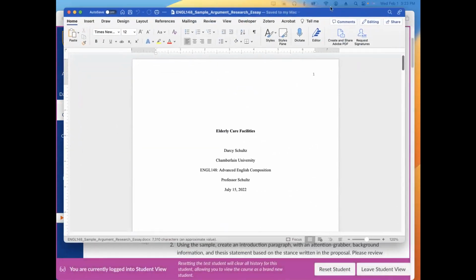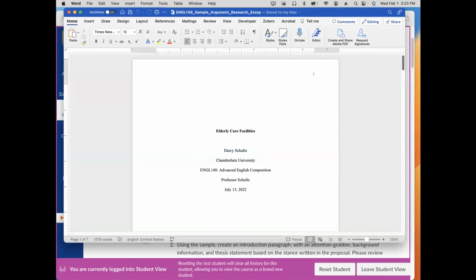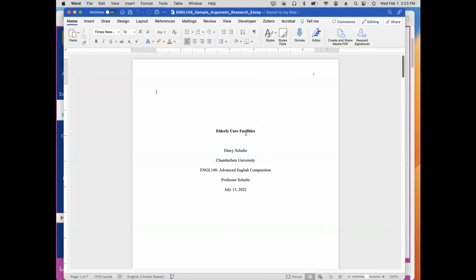Okay. So they want you to do, and the way to do this, or at least what I'm doing, is I'm using the example that they've given. This is my whole thing with formatting. I would just take the example, and I'm basically just going to put my own things in there.